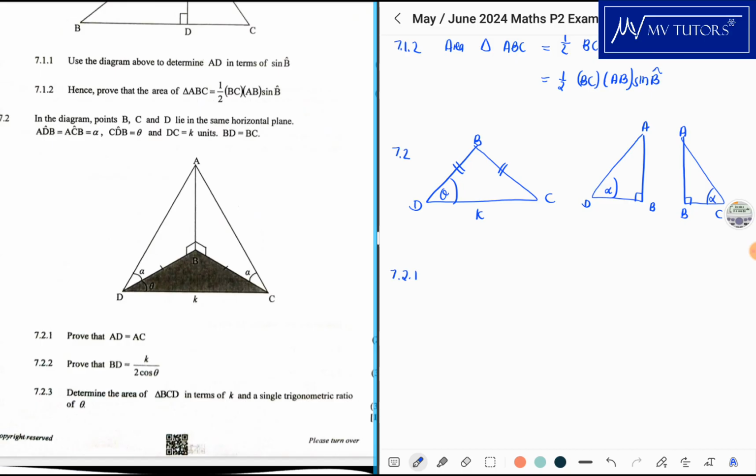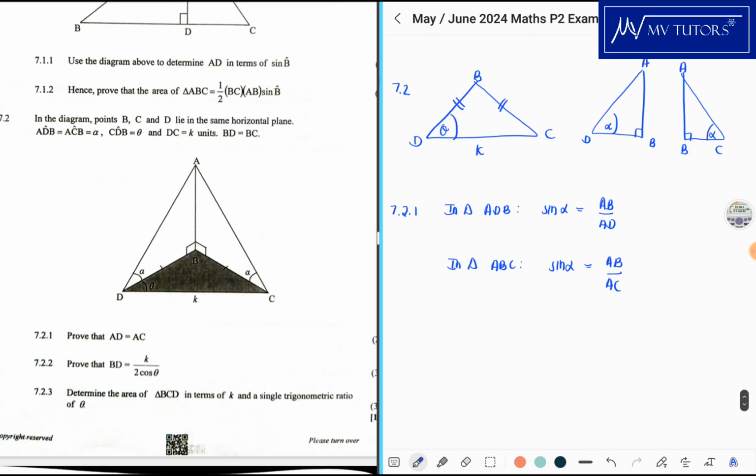So basically I am going to use sine alpha. In triangle ADB, sine alpha is equal to AB over AD. And then in triangle ABC, again sine alpha is equal to AB over AC. Since sine alpha is equal to sine alpha, I'm going to rewrite this in terms of AD.